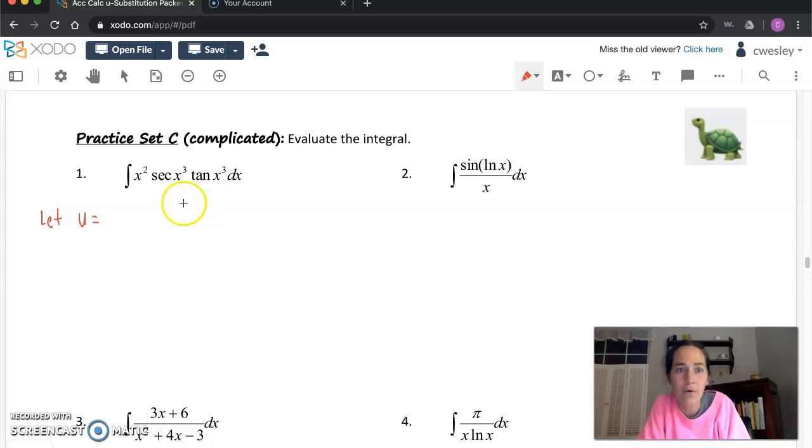And we have a couple options here. We've got the x squared, we've got the secant part, the tangent part, and don't sleep on the x to the third part. I'm leaning a little bit toward that. Usually we look for a more innermost part of the function, and I feel like there's a strong case that could be made for setting u equal to x cubed. Let's think of the benefits of setting up this substitution. Number 1, no, it's not more complicated than the trig, but it is more complicated than x squared.